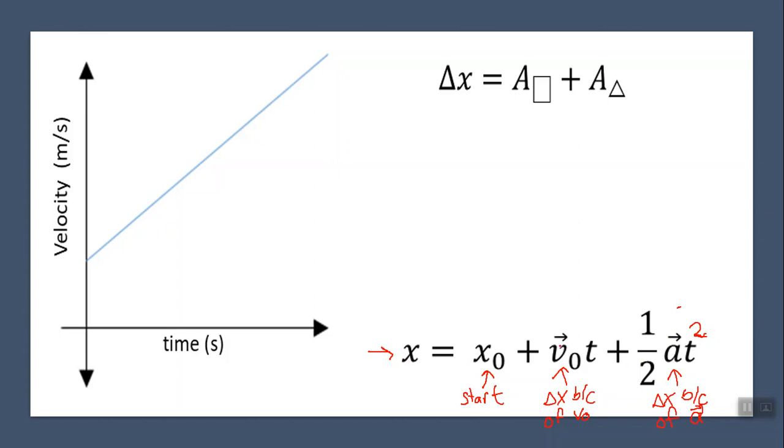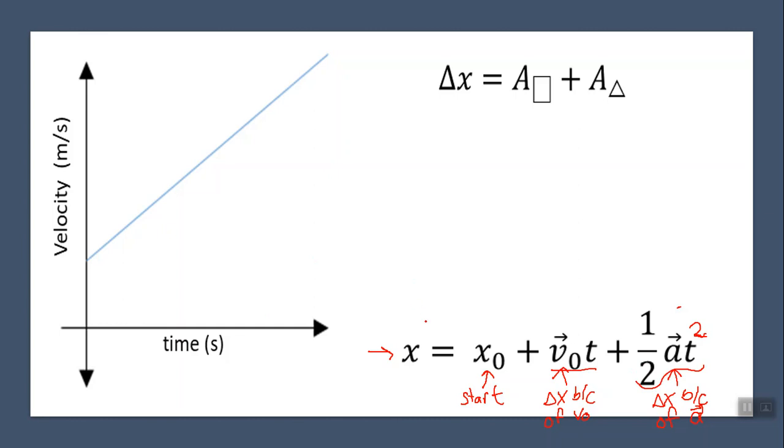All three of these displacements, the one caused by where you start, how much you gain just simply because you had an initial velocity, and how much you gain because of your acceleration, all three of these things together are going to determine your final position. Where you start, how much you gain just simply by moving, and how much you gain by speeding up.